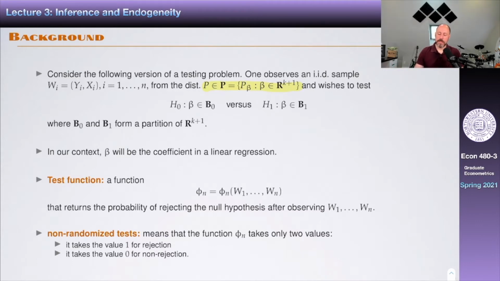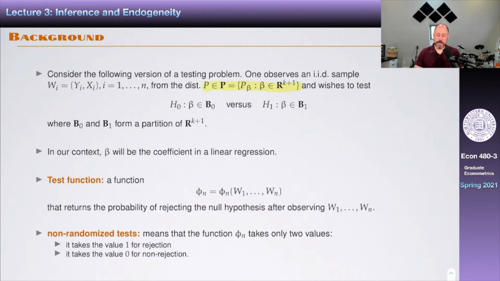Typically you will write a null hypothesis that says beta belongs to some subset of its parameter space versus the alternative that it belongs to the complement. So here, beta naught and beta 1 form a partition of R^(k+1). And, of course, they're both non-empty.